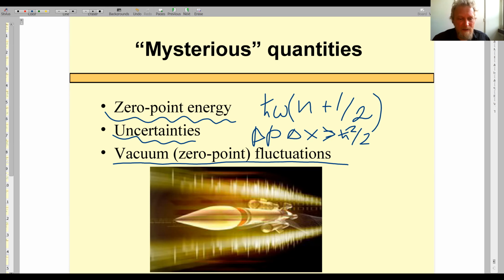Let me explain this fancy picture which I put along with these items.